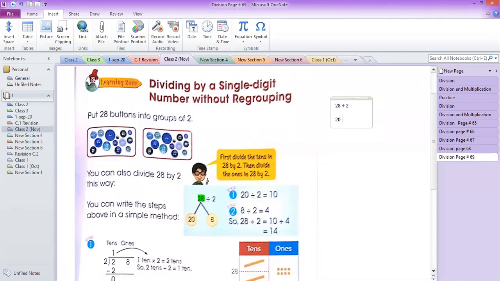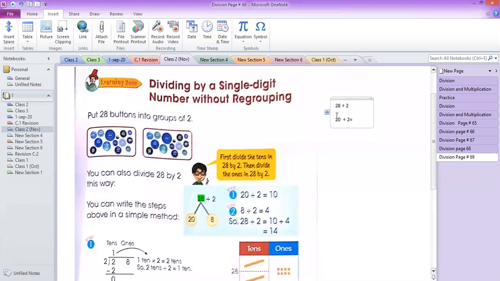Let's suppose I divide 20 by 2. Can you divide 20 by 2? Yes. Check the table of 2.